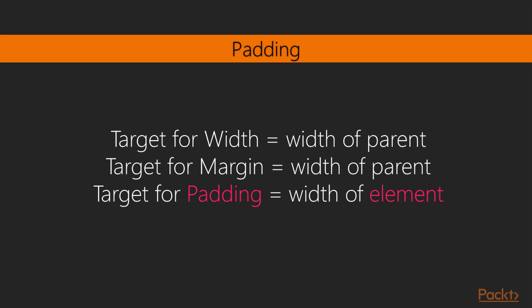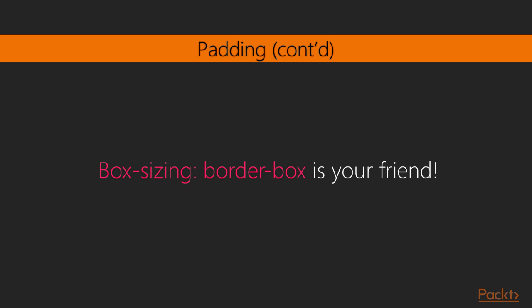Or you can determine the width of itself by determining the width of the parent. If you're using the box sizing property with the border box value, the padding is no longer factored into the box model width of the element. Therefore, you can leave it as a pixel length and just convert the width and margin to a percentage. So box sizing border box is definitely your friend.